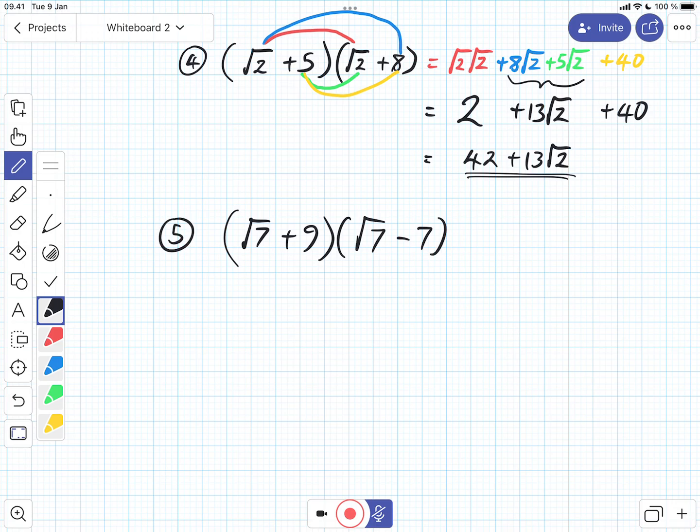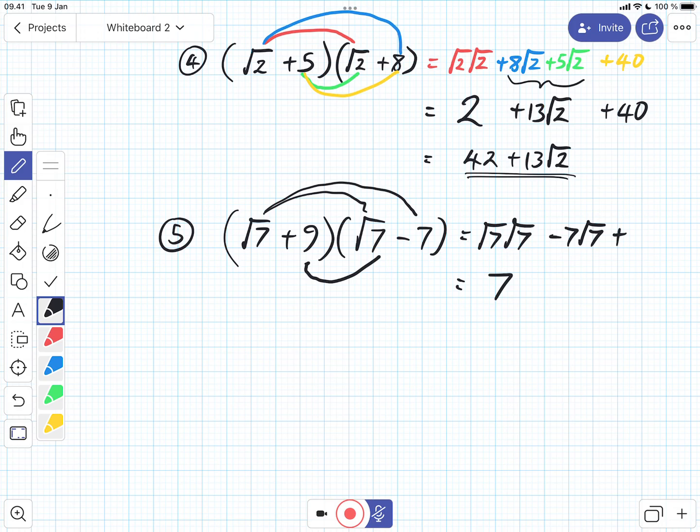So we've got to do root 7 times root 7, which is just going to be 7. Got to do root 7 times minus 7. So that's going to be minus 7 root 7. We've got to do the 9 in the first bracket times the root 7 in the second bracket. So that's going to be plus 9 root 7.